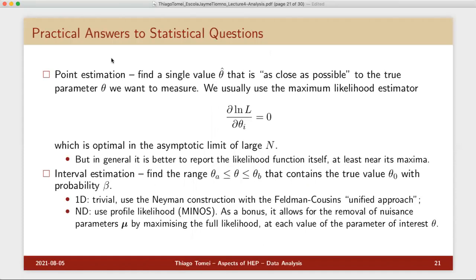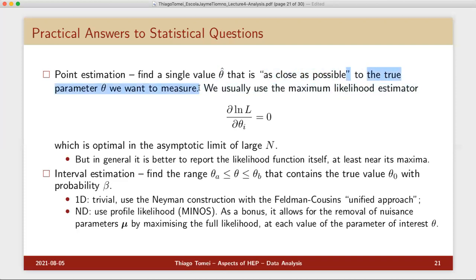Okay, Thiago, this is all very nice and cute. What do we actually do in the end? So first thing, you want to estimate something. What's the true mass of the electron? You want to find your best estimator of the electron mass. So you want to find a single value that is as close as possible to the true thing that you want to measure.